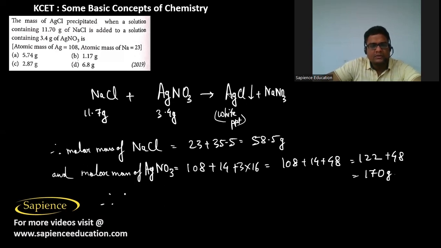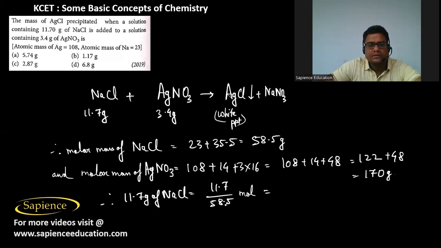Now 11.7 gram of NaCl means we have 11.7 divided by 58.5 mole of NaCl, so 1 by 5 mole, that is 0.2 mole of NaCl.